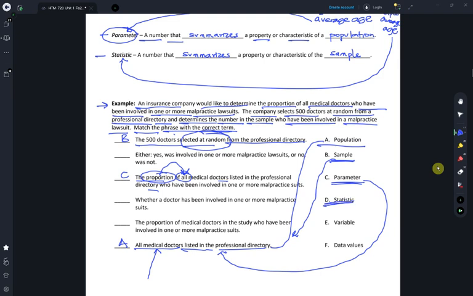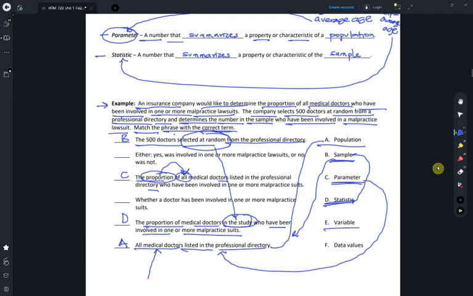Further, for the statistic, that must be a characteristic of the sample. So, in this case, that would be the proportion of medical doctors in the study, those who were selected to be in the study, who have been involved in one or more malpractice lawsuits. Then next, what varies?